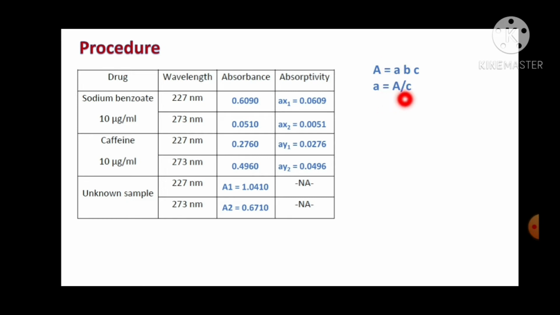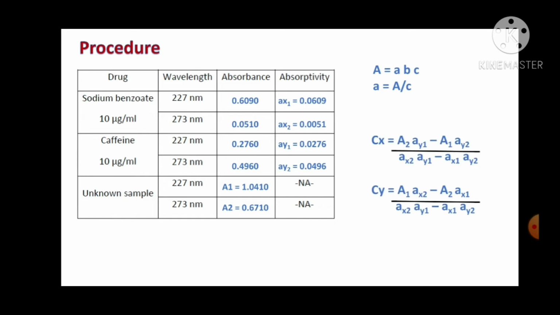Absorbance divided by concentration, so 0.6090 divided by 10 gives this value. Similarly we have calculated AX2, AY1 and AY2. Now we have the simultaneous mathematical equations to find the concentration of drug X, and similarly of drug Y. We substitute these values into the equations and solve them to get the concentration.